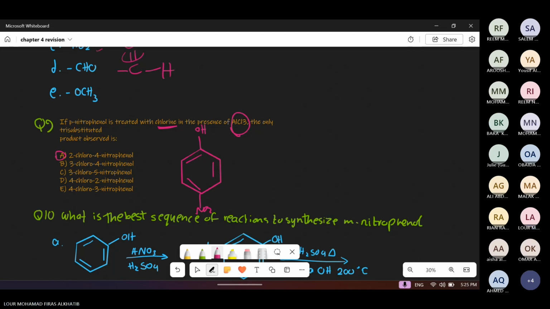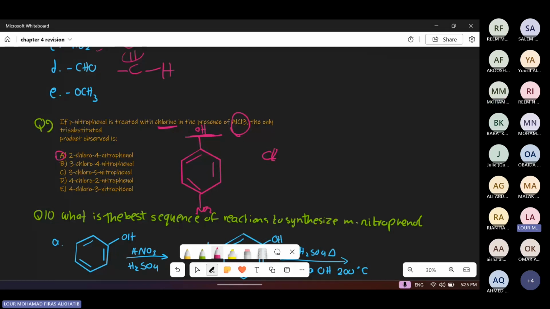Let's see. When we come and we want to put our chlorine in, what are our options? Let's look first at our first substituent. What is phenol? Is it ortho-para directing? It's the most ortho-para reactive.